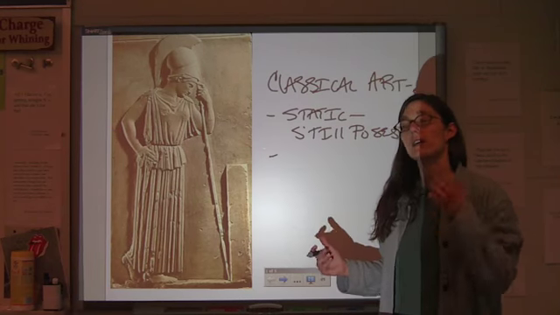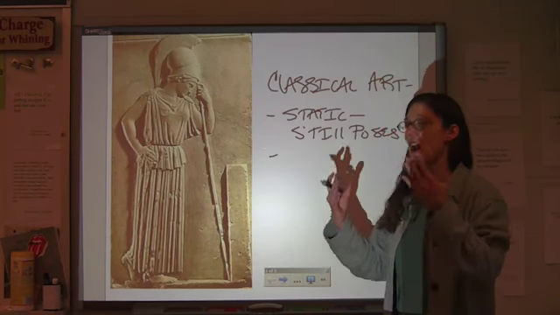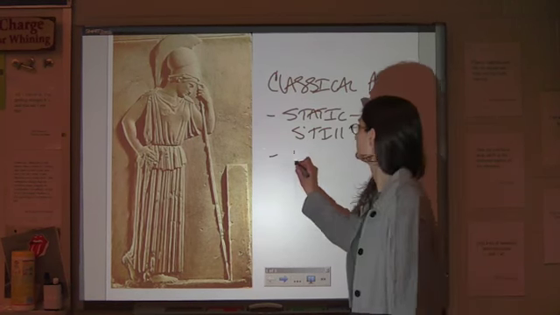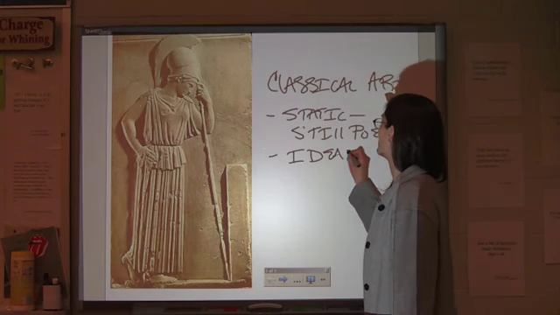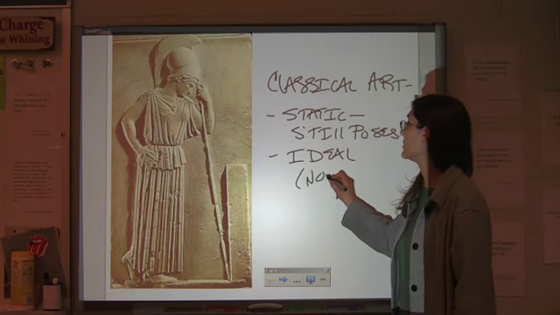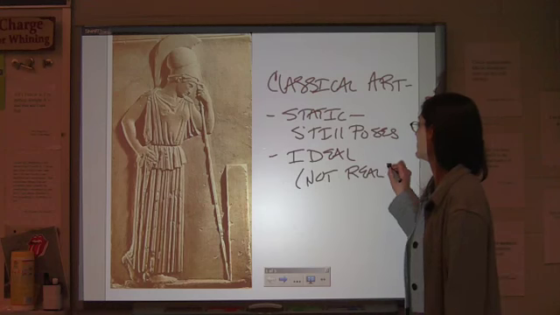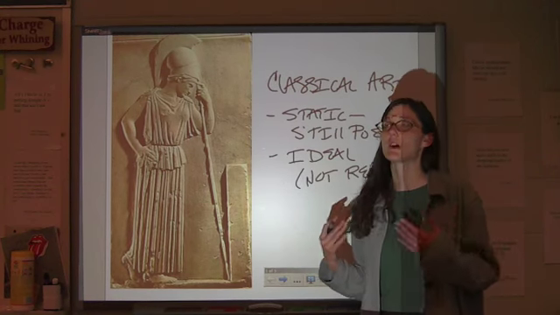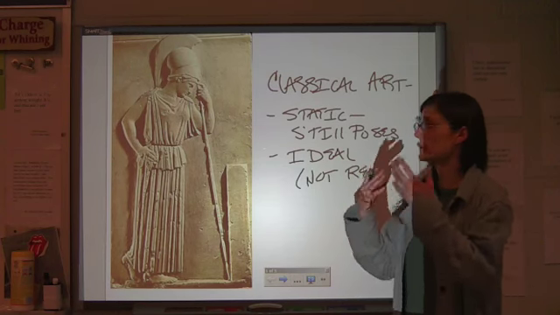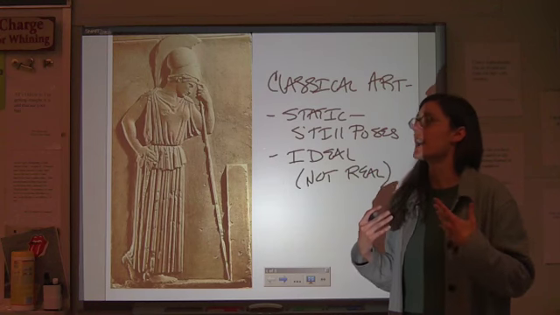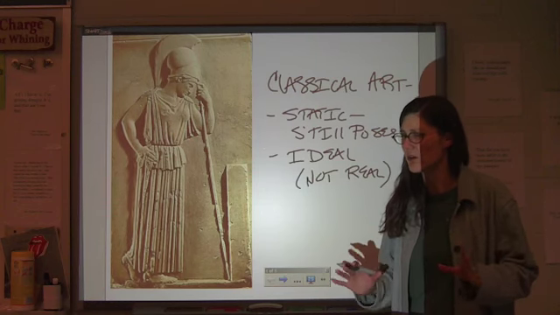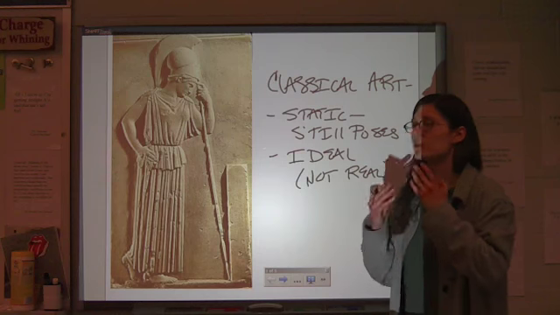The next thing that we see is very idealistic images, very idealized views of the body. If it's ideal, then that means it's not real. You see lots of Greek gods and goddesses that are like superhuman. You see athletes with muscles that are not achievable. You don't see wrinkles.